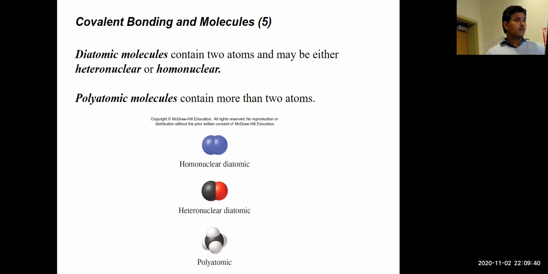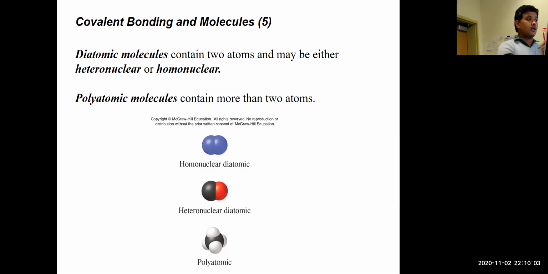Or you can say heteronuclear diatomic molecules or homonuclear diatomic molecules. Hetero means two different, so in those diatomic molecules, you have two different atoms. In homonuclear diatomic molecules, you have a diatomic molecule, but both atoms are the same element.